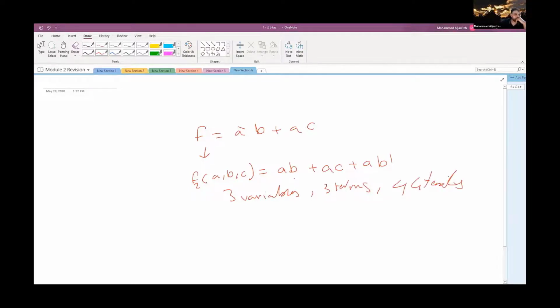Why 4 literals? Because we have A, B, C, and we have B prime. Now let's suppose we have AB prime C prime. We still have 3 terms, 3 variables. However, we have 5 literals because C appeared in the true state and the negation state. This term can be referred to as a min term. All right?